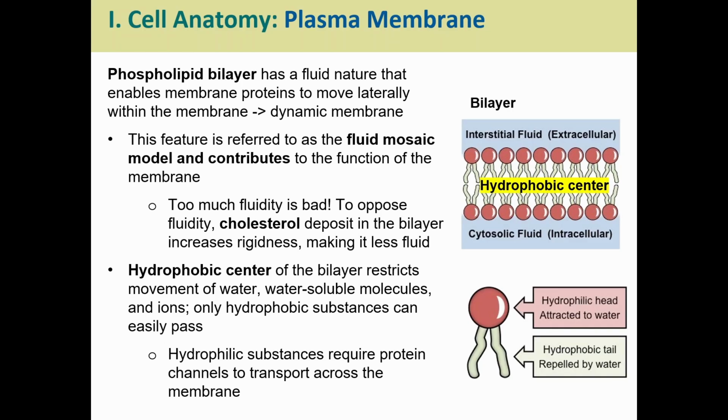So if you are hydrophilic, polar, or an ion, you're going to need a protein channel to get through this membrane. And we'll have plenty of those for when the time is right.